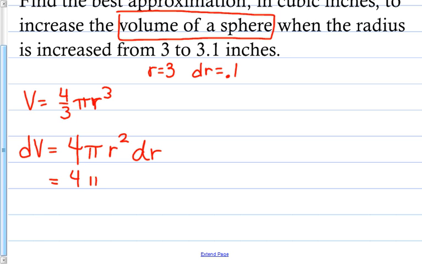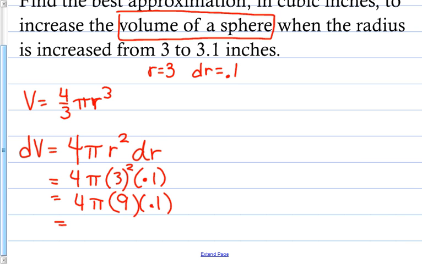So 4 pi, let's see, r was 3 squared, and dr was 0.1. So 4 pi times 9 times 0.1. All right, make this look a little prettier. The 4 times the 9, that's 36. 36 times 0.1 is 3.6. So 3.6 pi.